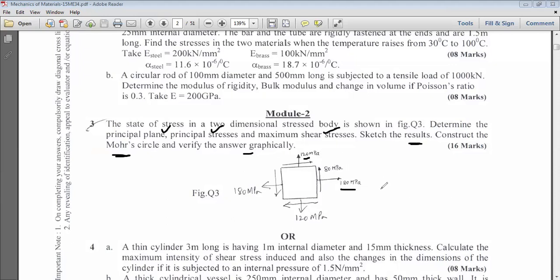For this, how to construct a Mohr circle? Let's start. Let's draw the plane diagram which we have. Let's draw this plane diagram which is subjected to tensile stresses at the x and y axis, and it is subjected to shear.